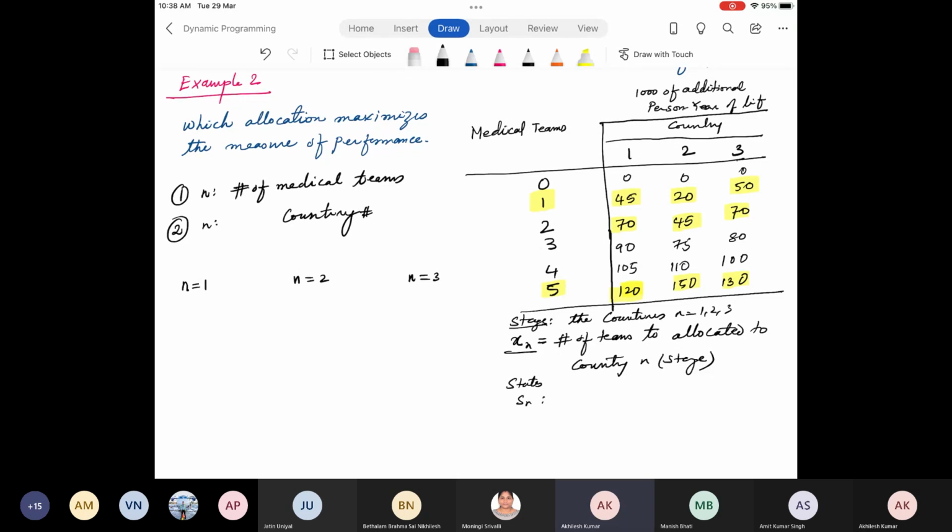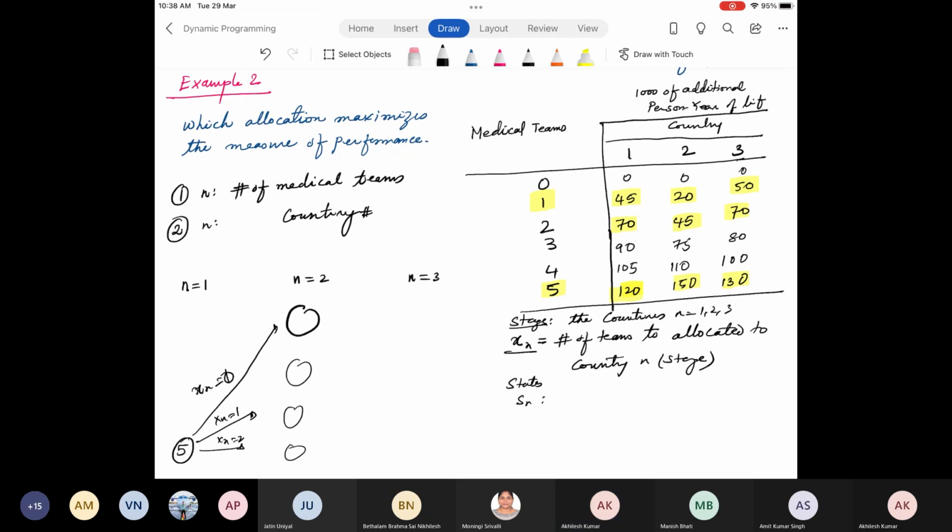What had changed? Suppose I had 5 teams. I made a decision xn equals to 0 or xn equals to 1 or xn equals to 2. What changes in the next stage?